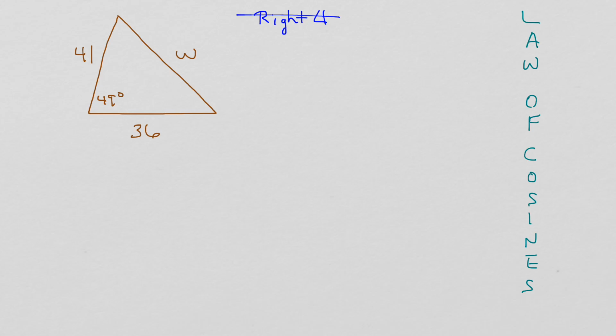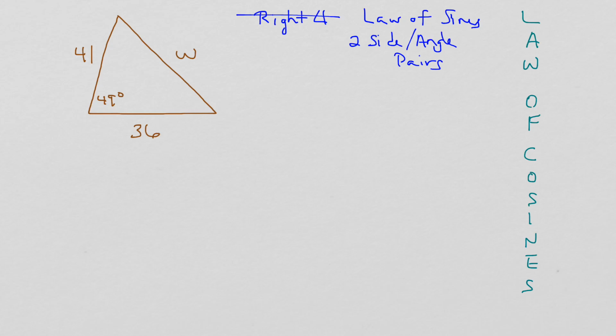And for law of sines, you need two side-angle pairs, where one of the sides or angles could be missing in the pair.